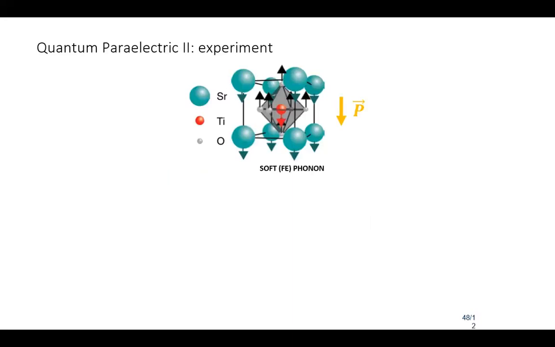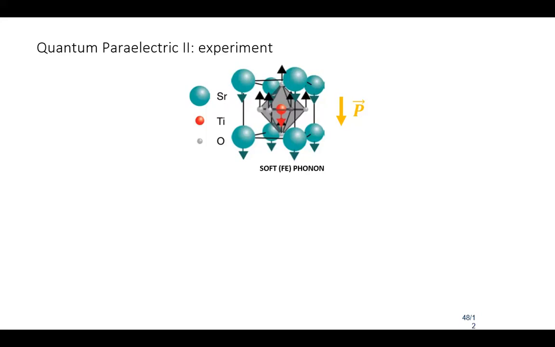So the setup here is a strontium titanium oxide crystal. The big spheres are strontium. Inside we have octahedra with titanium sitting in the middle, and we have oxygen. The titanium sitting off-center is responsible for ferroelectric order.